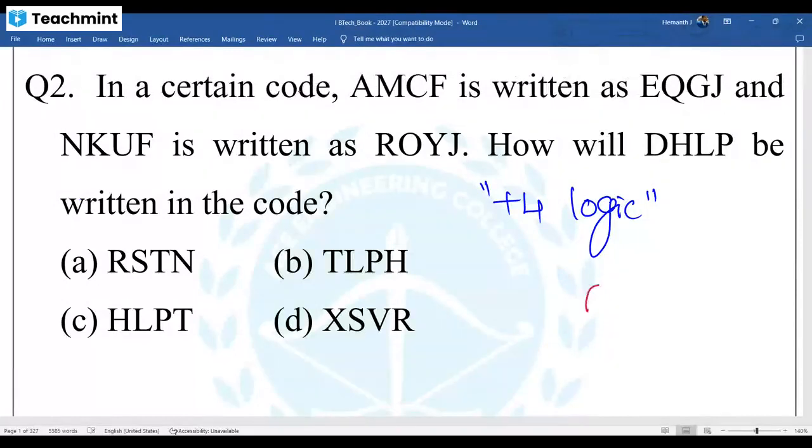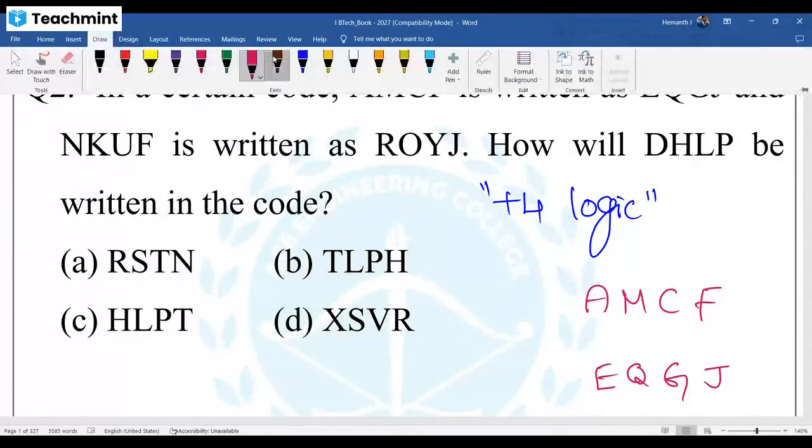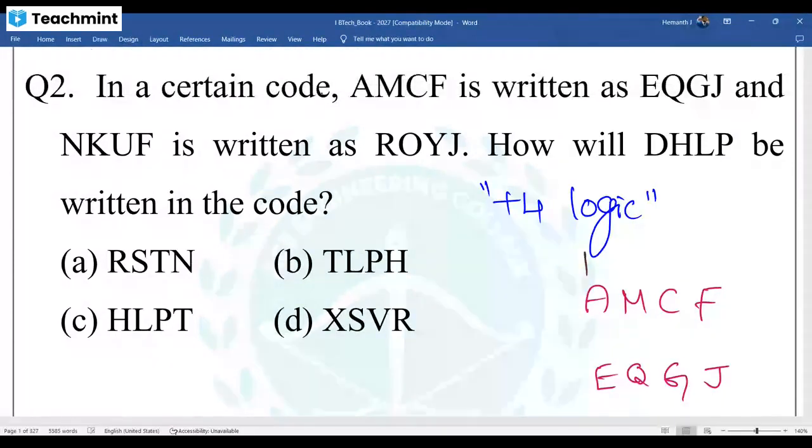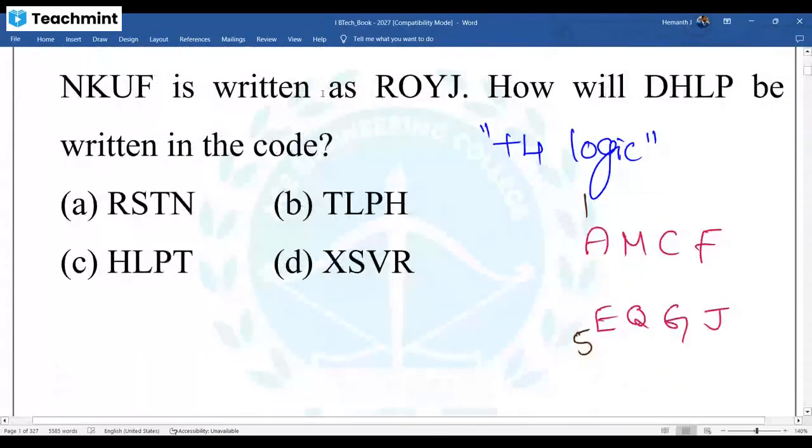Remaining people, you check, they have given AMCF is written as, is coded as, both same meaning only, is coded as EQGJ. If you check it out here, why we gave plus 4 logic is, A value is 1, E value is 5. If you refer to the table, E value 5, A value 1, it's plus 4.